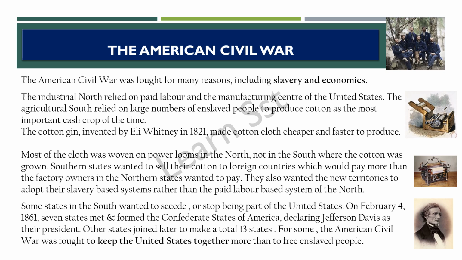So they wanted that same slavery based system to be existent in Northern America. Whereas in Northern America, their ideology was that they did not favor a slavery based system, but they wanted the paid labor based system which was existent over there. Some states in the south wanted to cede, or stop being a part of the United States.